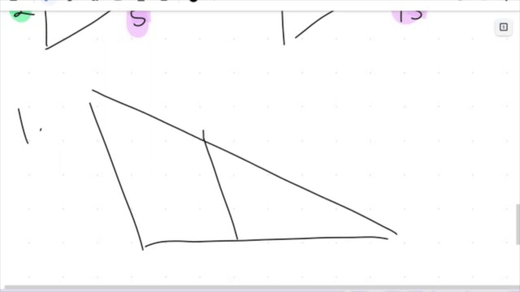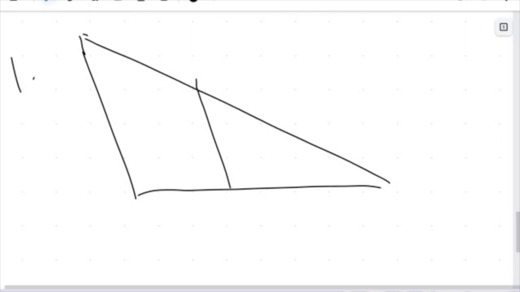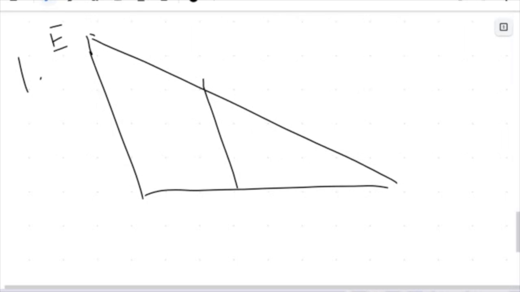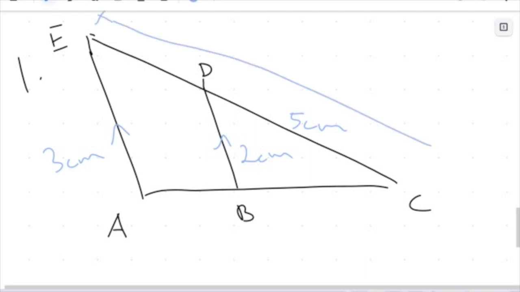So if we draw these triangles here, and I have, sorry guys, it's going to take me a bit to write this out, E, A, D, B, C, and I have lengths of, is parallel, 3 centimeters, 2 centimeters, I have 5 centimeters, and X centimeters.